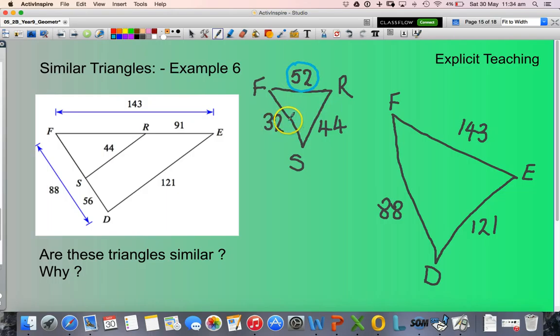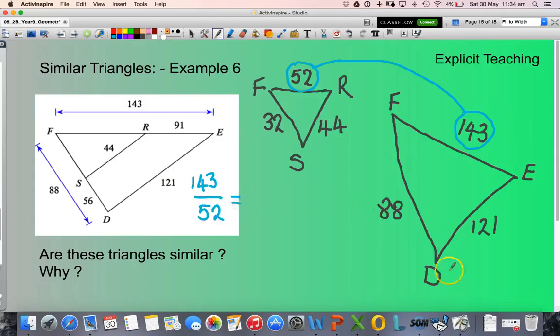So what I'll start with, again, I'll start with the largest, 52, the largest over this side, 143. That ratio there, 143 divided by 52.